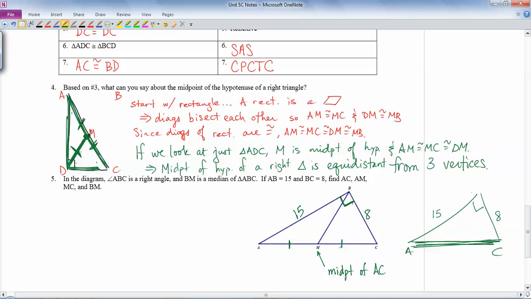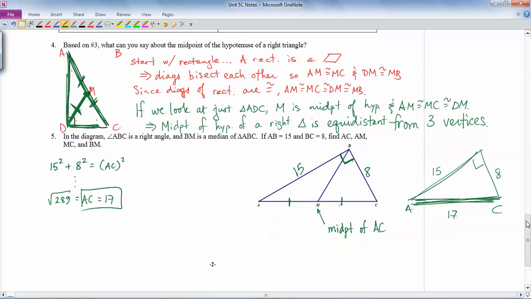So 15 squared plus 8 squared equals AC squared. And if you work this out, you end up with AC being the square root of 289, which turns out to be exactly 17. So AC is 17.